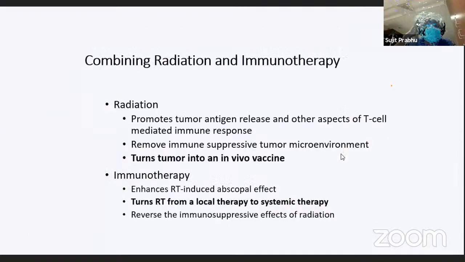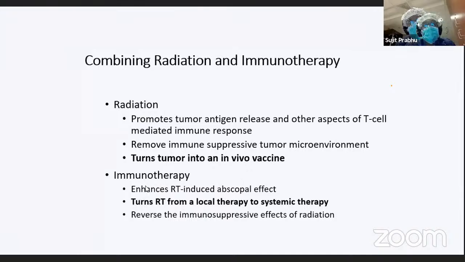So what about combining radiation therapy and immunotherapy? As we know, radiation promotes tumor antigen release and other aspects of T-cell mediated immune response, and it turns the tumor into an active in vivo vaccine. That is a well-thought-of concept in the radiation field.